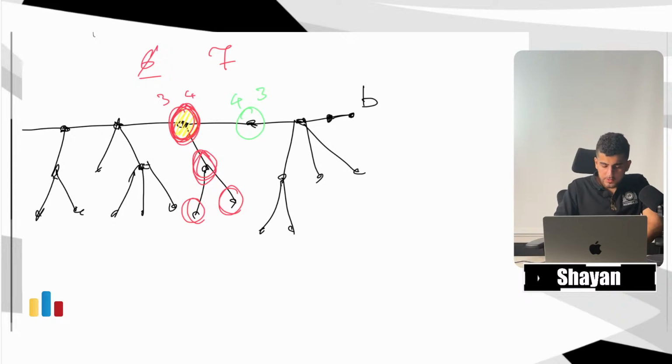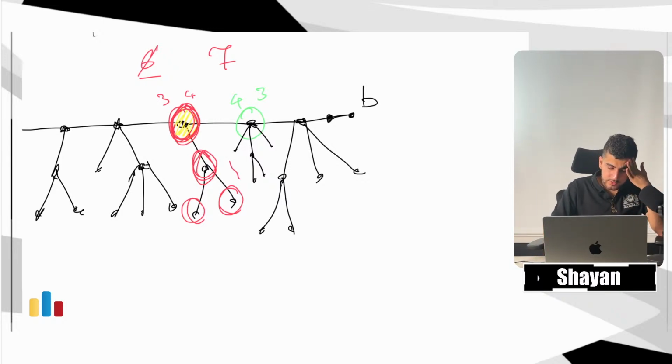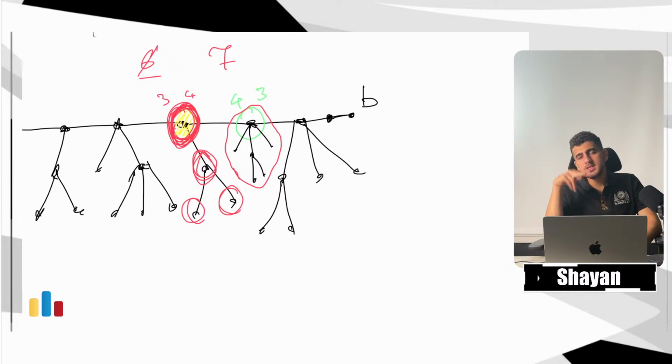And also for all the vertices below it, if, for example, there are several vertices in here, that's the same. The distance to A is 1 more than the distance to B. But still, we will not choose these vertices because, again, this one is the closest one to A. So if there were two middle vertices, we will choose the left one, the one that is closer to A.